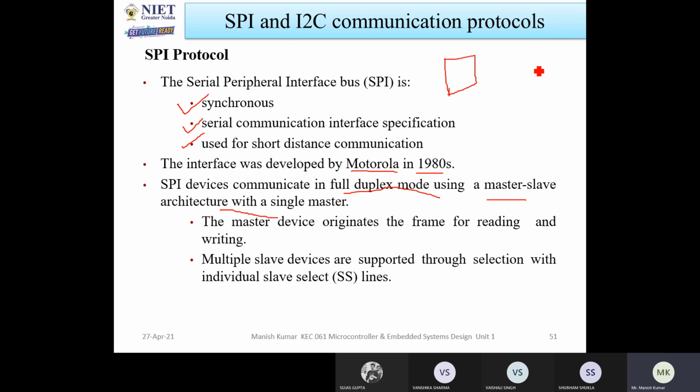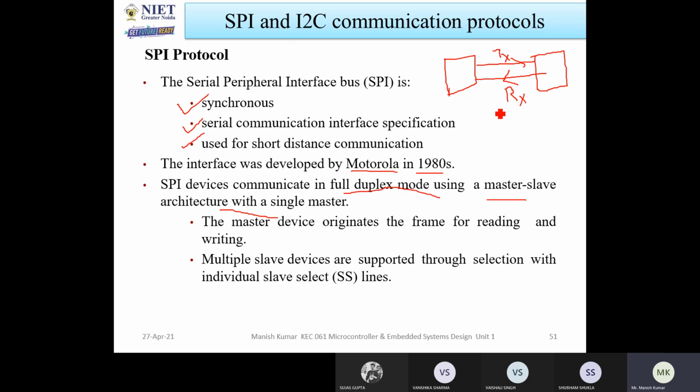If there are two systems or two computers, one line is dedicated for transmission and one line is dedicated for the receiver, one is transmitting TX and another is receiving RX. The SPI protocol also works in full duplex mode.